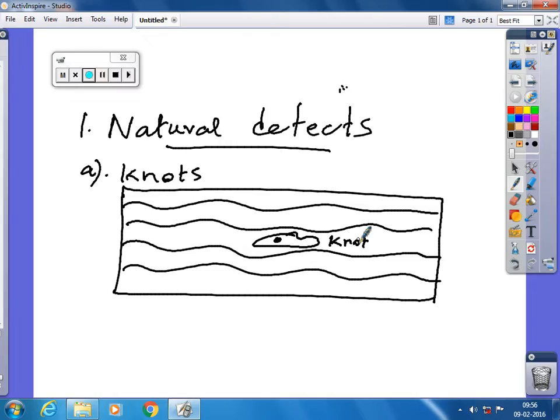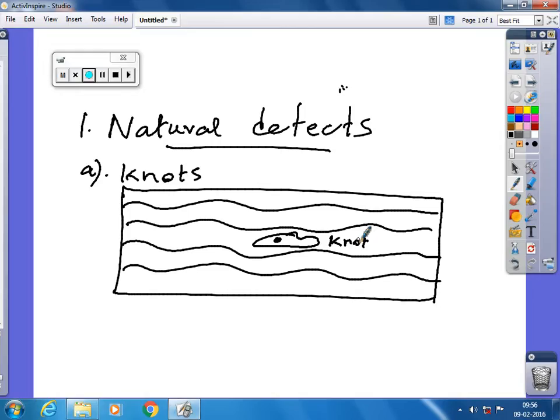I'll let you know. So what about knots? When a branch or a limb is embedded in the body and the tree is cut, the knot is formed. And how is a knot formed? When the tree is not exposed to sunlight, in those places knots are formed.